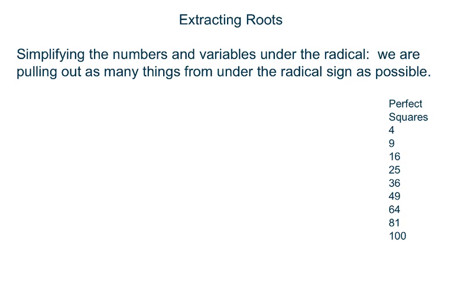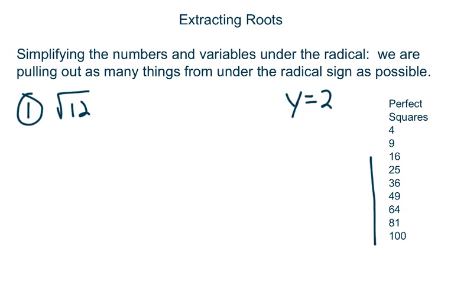So let's start with an example, square root of 12. So 12 is not on this list over here. So we need to break it down into factors and find a factor that is on this list. Now if you remember, and some of the classes went over this on Friday, you can put in 12 divided by x into the y equals, and it'll give you your factors.